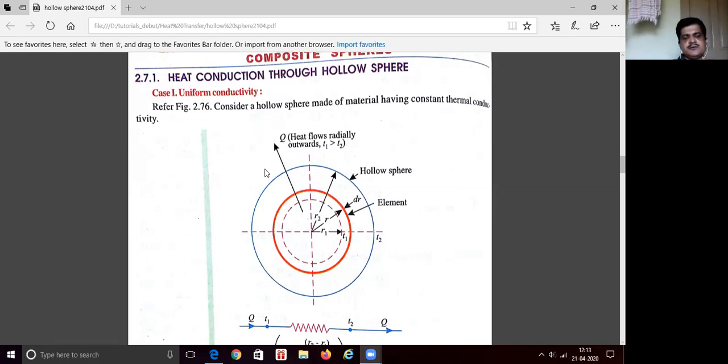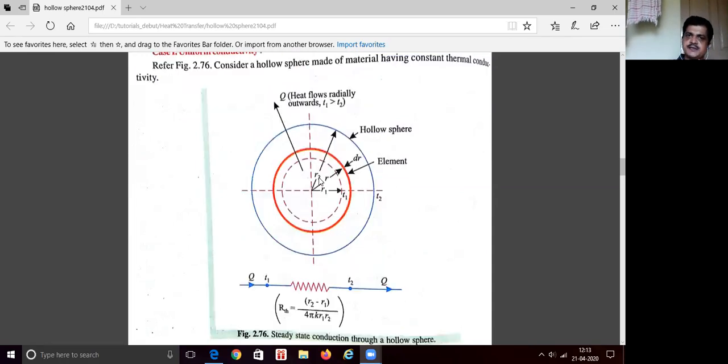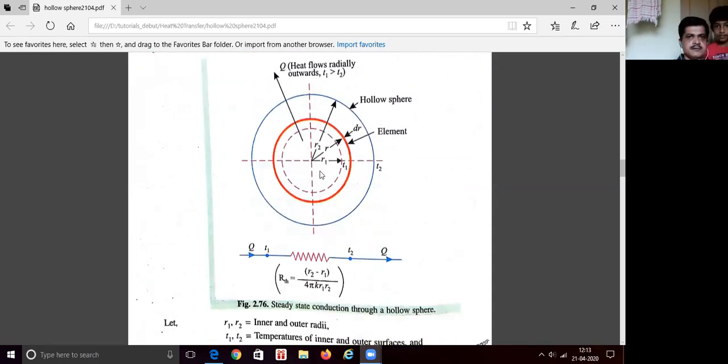In the cylinder we are taking surface area as 2 pi r, that is circumference, into length of the pipe. In the sphere you have to take the surface area as 4 pi r square. That's the only thing you have to remember.